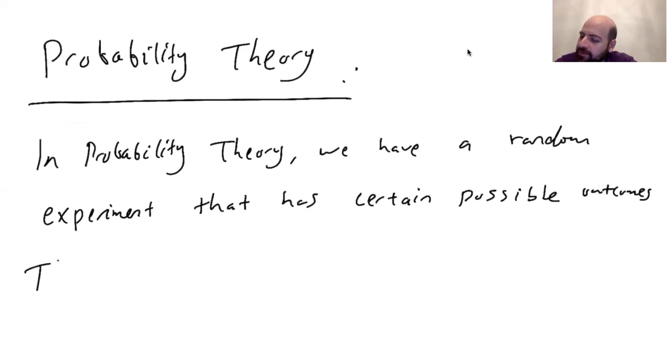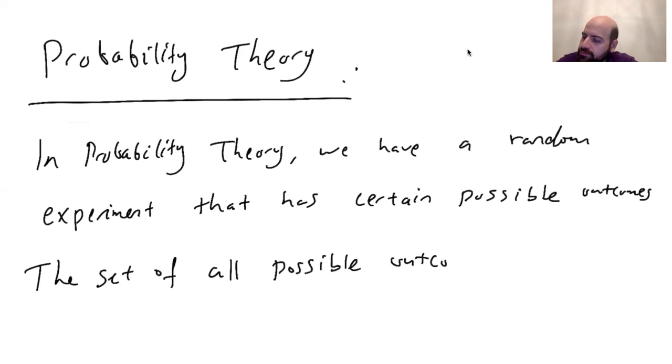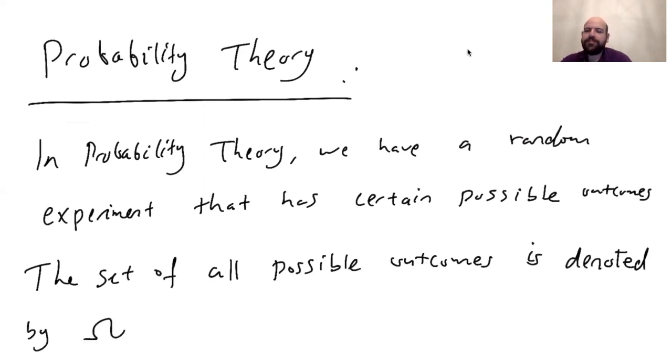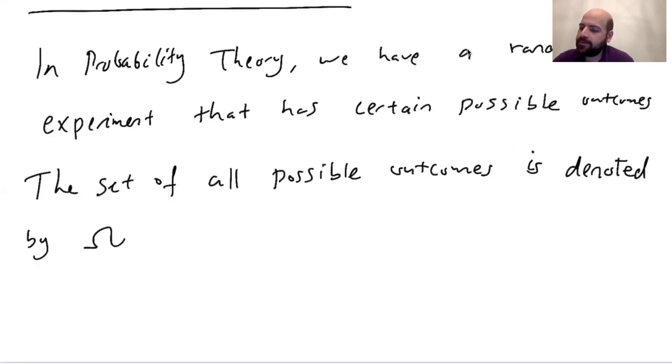The set of all possible outcomes is denoted by omega, capital Omega, and is called the sample space.